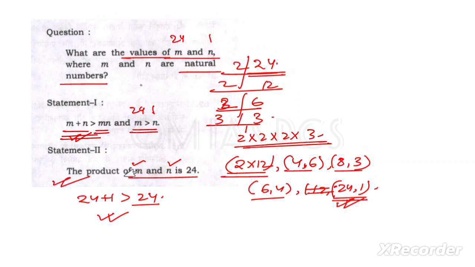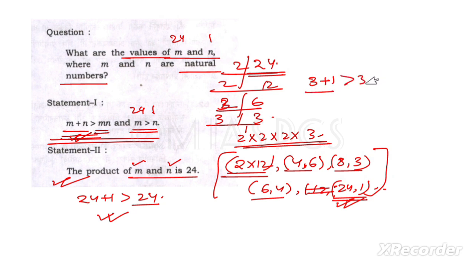But if I see only this one given, that the product of m and n is 24, we are getting this many values. And if only the other one is given, it will be a little difficult to find which values, since there are many other possibilities. Like 3 plus 1 greater than 3, you can take any number with 1.